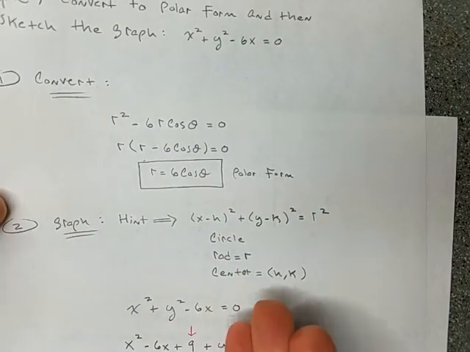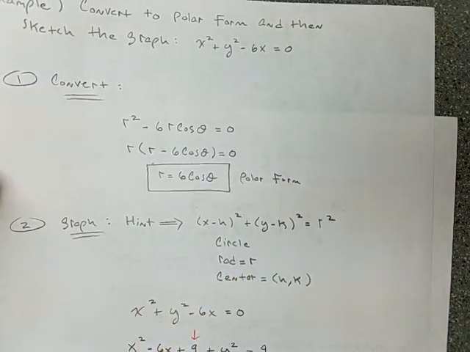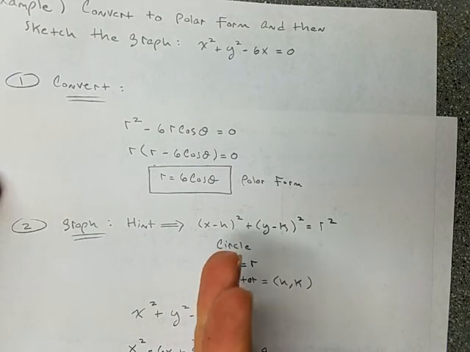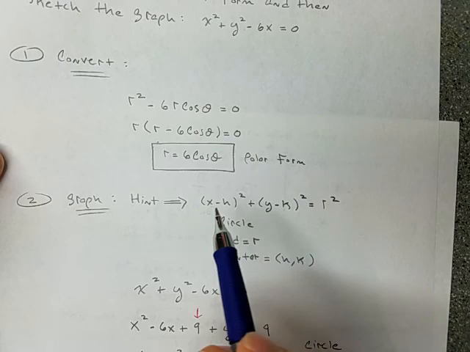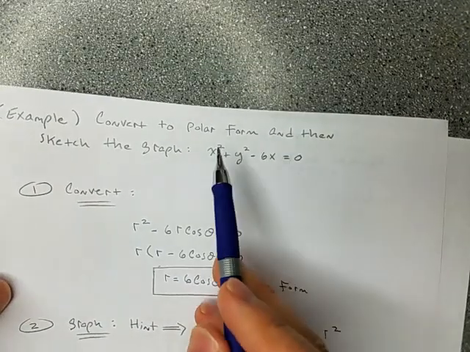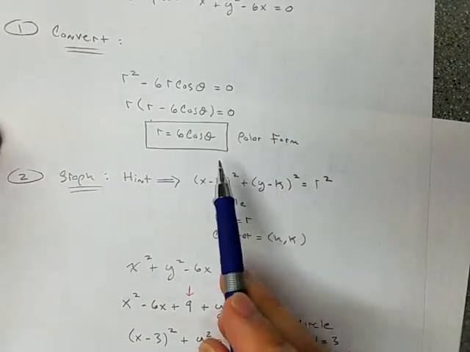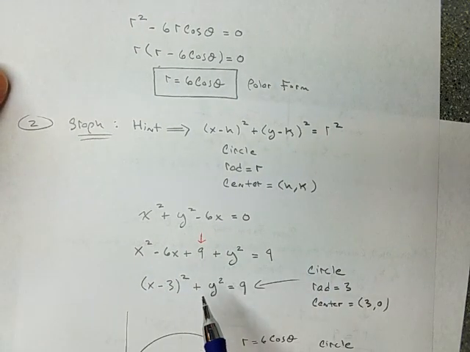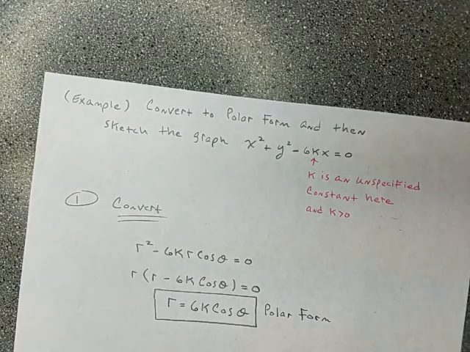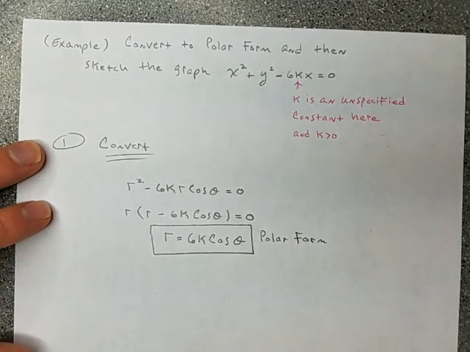I'll urge you, if you didn't see it, go back and look at the last problem in the video that I list before this one. An equation like this will be circular. We just need to complete the square to figure out what the center and the radius are. So, all right, conversion part's done.